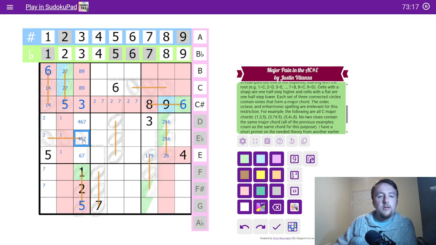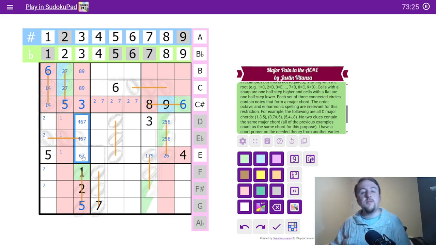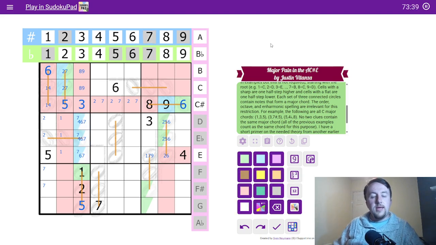So it would need to be a sharp 6, a 2 and a 4, which it can't be because we've got both the 4 and the 6 in this column. So we can't sharpen the 4 and we can't sharpen the 6. We must sharpen the 7. Right, okay, so we've got that accounted for, a sharp 7.